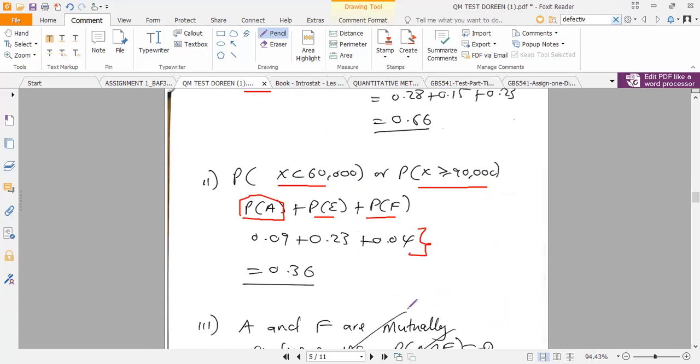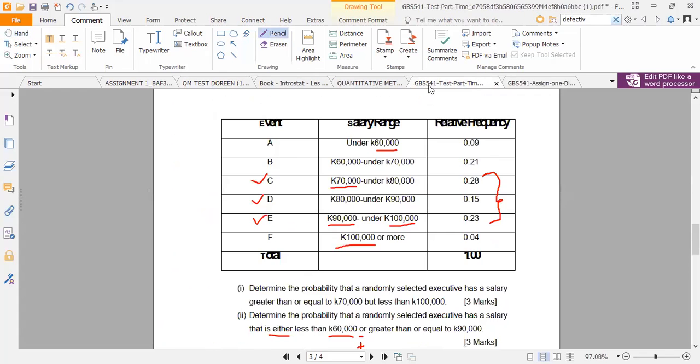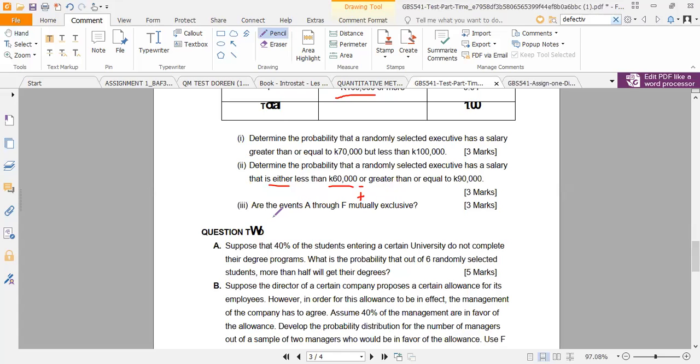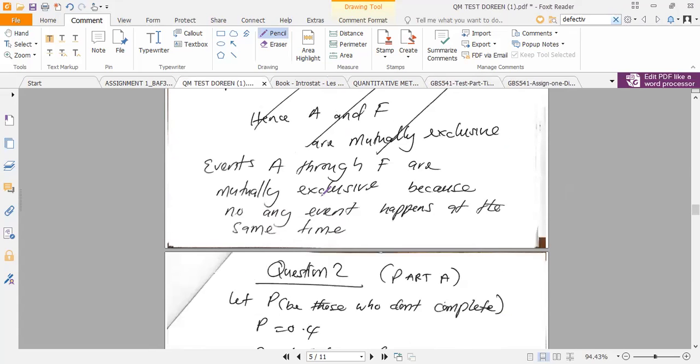So this is how this question is supposed to be answered. Then finally we are asked, are these events A through F mutually exclusive? Events are mutually exclusive if and only if they don't occur at the same time. So they are mutually exclusive because A through F cannot happen at the same time.